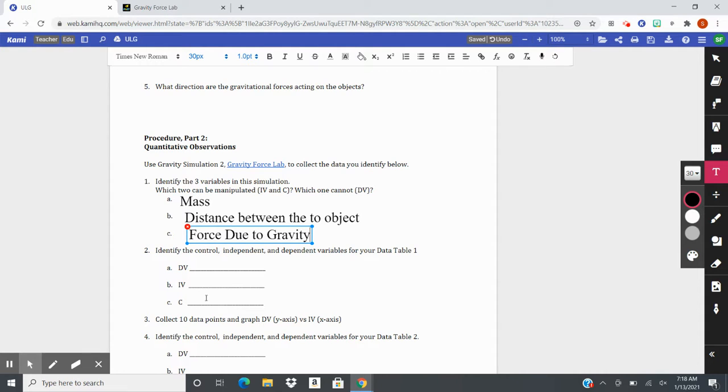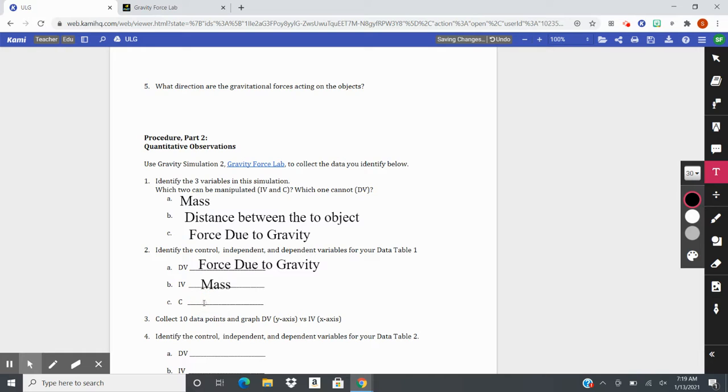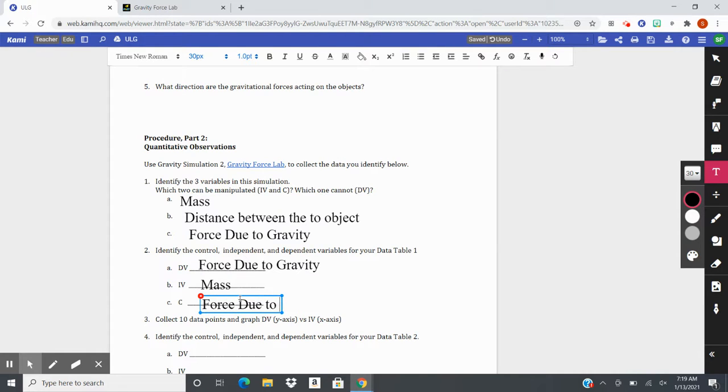I can tell you right now, during both of these experiments, the dependent variable is always going to be your force due to gravity. Your independent variable can be either the mass of one object, and then your control can be the distance.